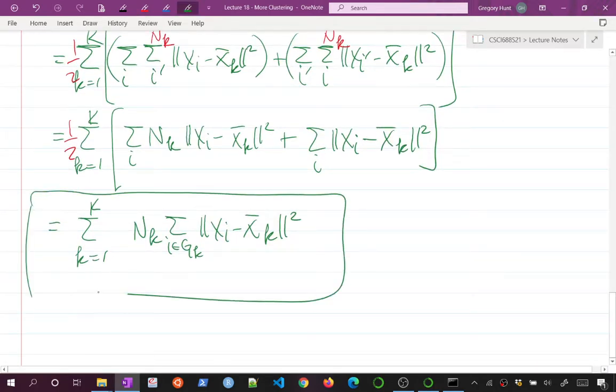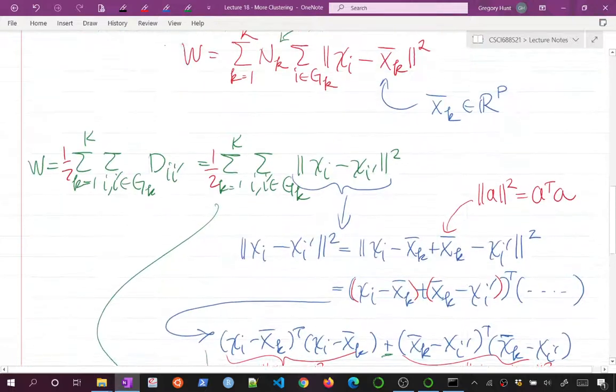And so an equivalent way, and a way you often hear this talked about, is the within cluster sum of squares, right? Because it's basically the sum of squares within each cluster, and then the total within cluster sum of squares. So often it's called the total within cluster sum of squares. More generally, for any dissimilarity measure, it would be the total within cluster dissimilarity, for example.